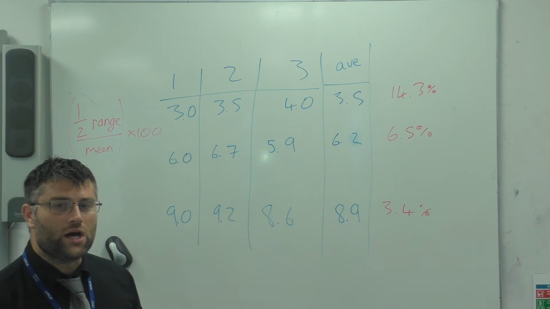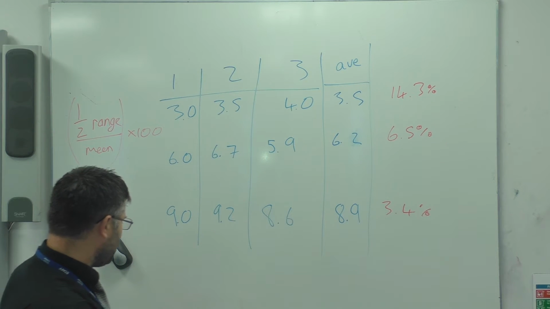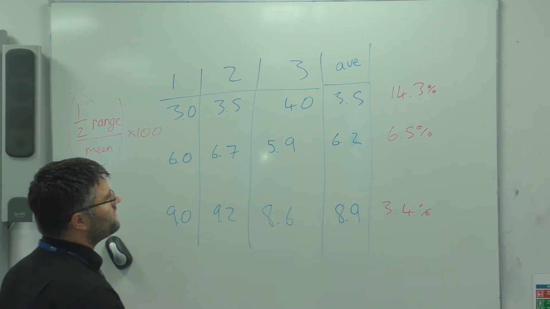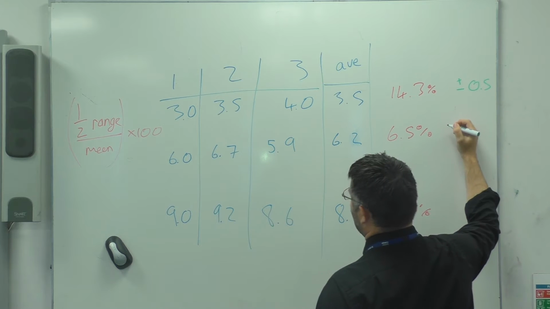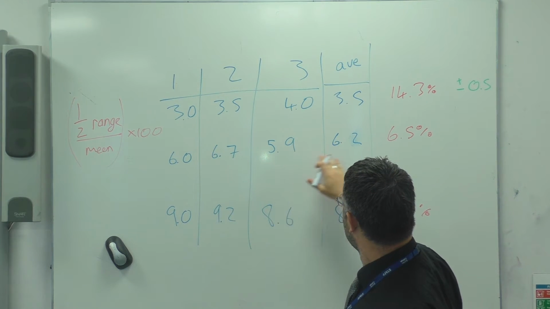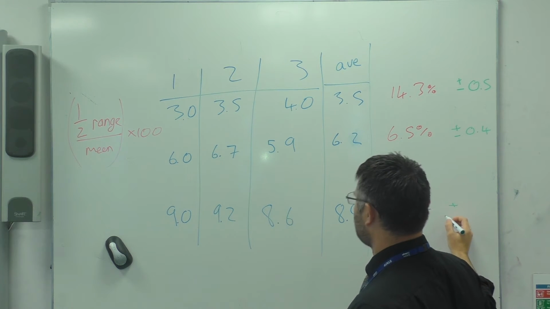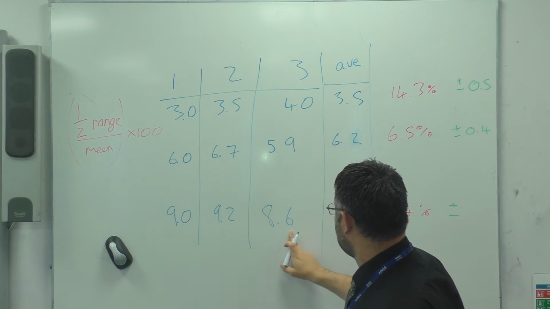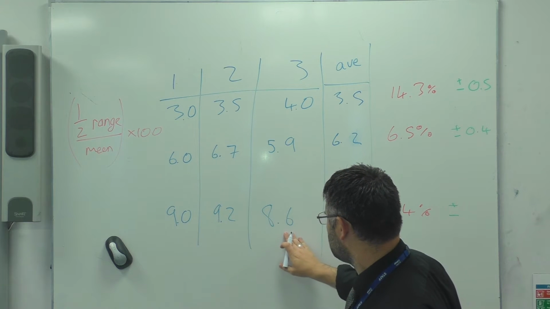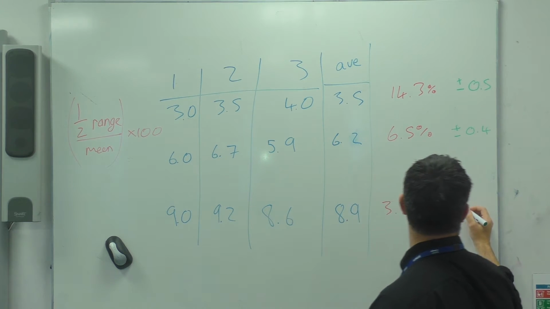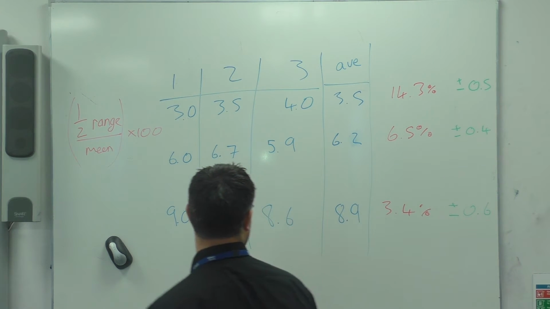Now I'm actually going to leave these up, but I'm just going to write down what the ranges are first because I'm going to need those. So for this one the plus minus value would be 0.5. Then we've got plus minus 0.4, and that one will be plus or minus 0.8. Then 0.6, plus or minus 0.6.